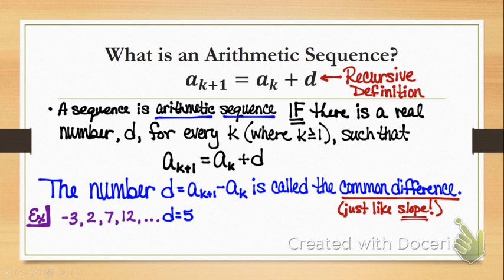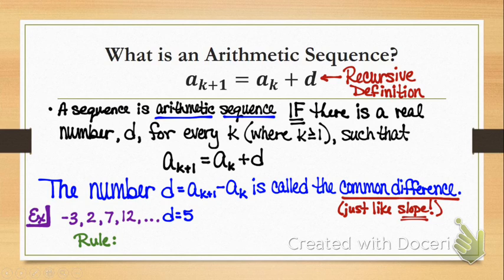Okay. Then I want to write a rule for the nth term. If this is just like slope, how should we start it? No, we don't have a y equals. What it equals will be the different numbers in our sequence for the different input values that we give it.